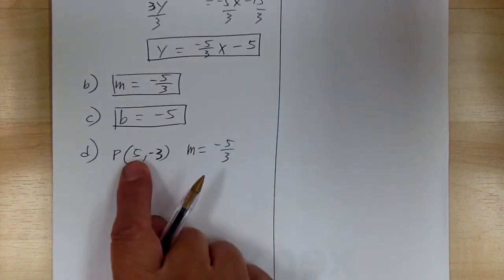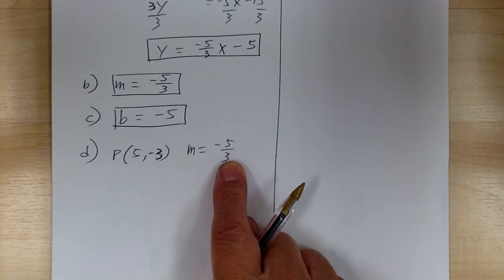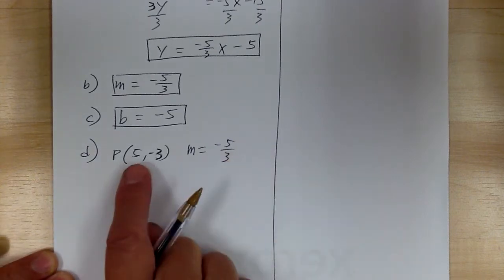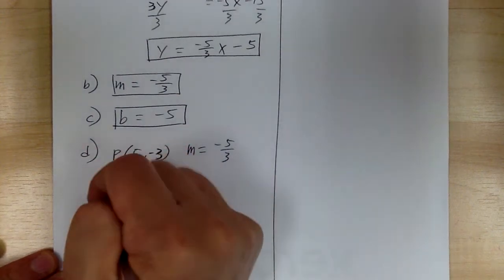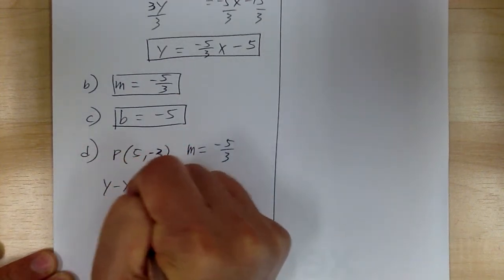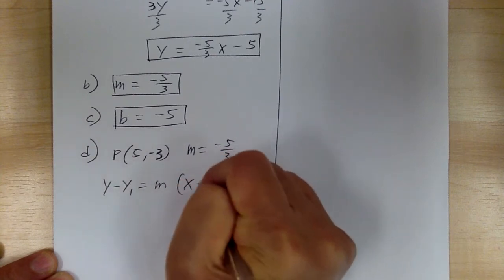Now you have a point and a slope. If you're going to write the equation and you have a point and a slope, what form are you going to use? Point-slope form, right? That's y minus y1 equal to m times x minus x1.